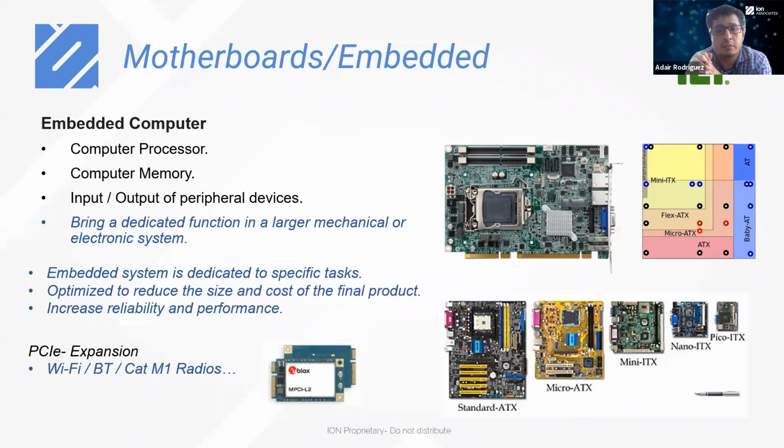There are some different flavors, different sizes of motherboards and embedded computers that can be used for these applications. These embedded computers have the capability to implement some external or other modules, wireless communication, LTE, Bluetooth, Wi-Fi.